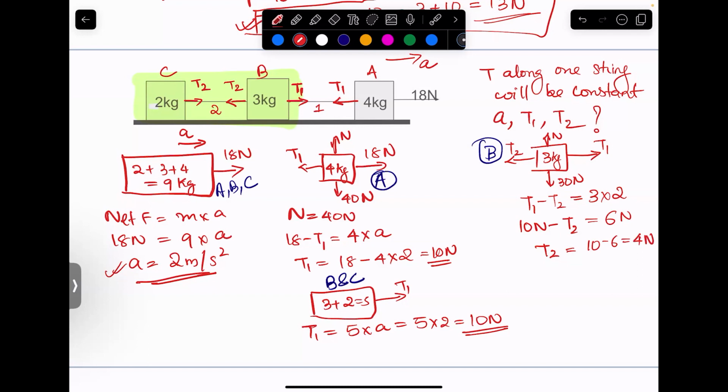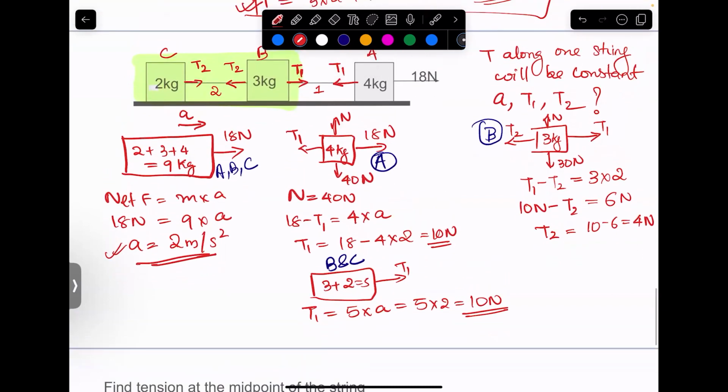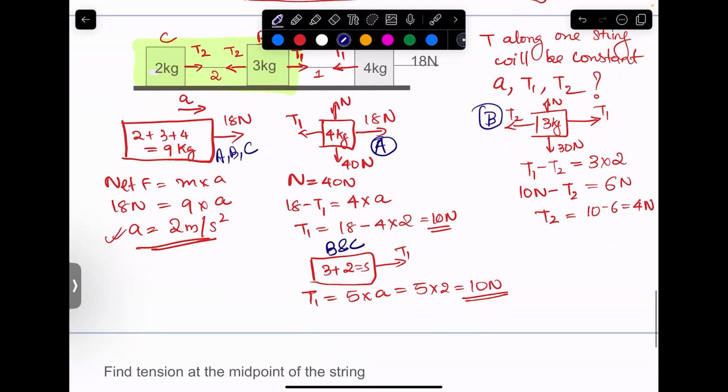We can derive this from block C also. So if you consider block C, this is the free body diagram of block C. It is 2 kg being pulled by the tension force T2. So there is this reaction force here. There is this weight here.